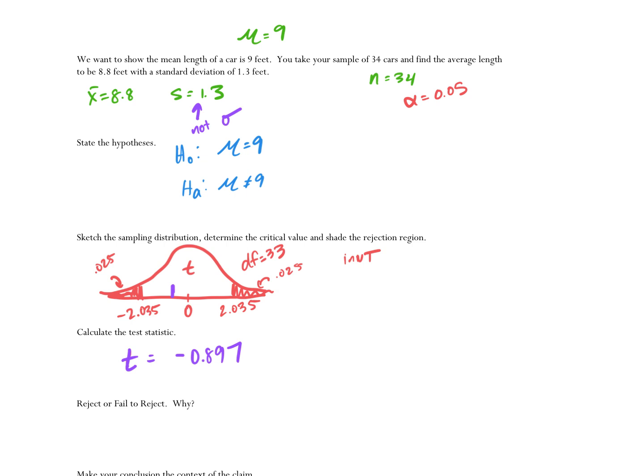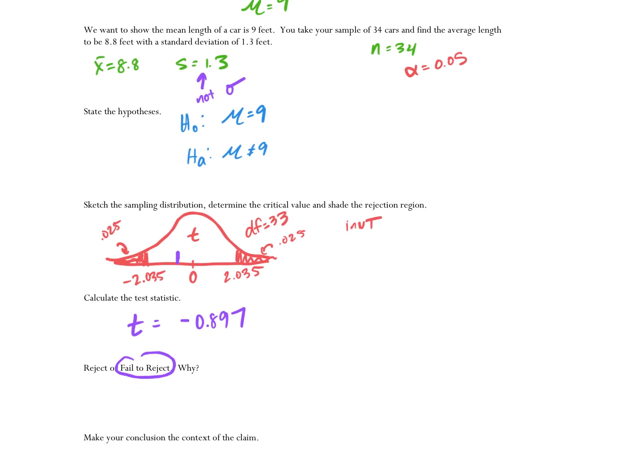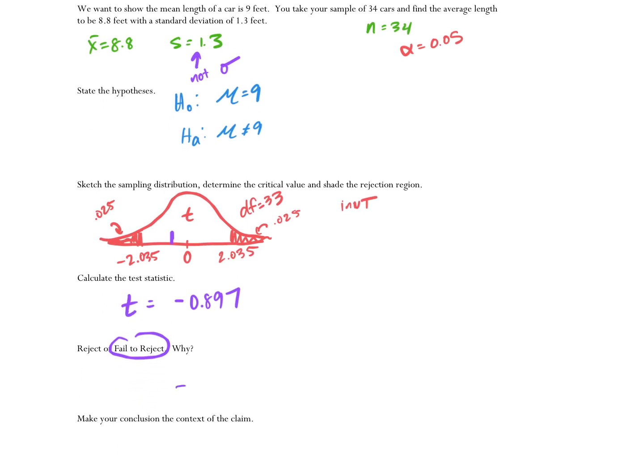No. So if we're using this method, we're going to fail to reject, and we're going to say that negative 0.897 is not greater than the 2.305, and it's not less than the negative 2.305. It's not in that rejection region, if that kind of makes sense.